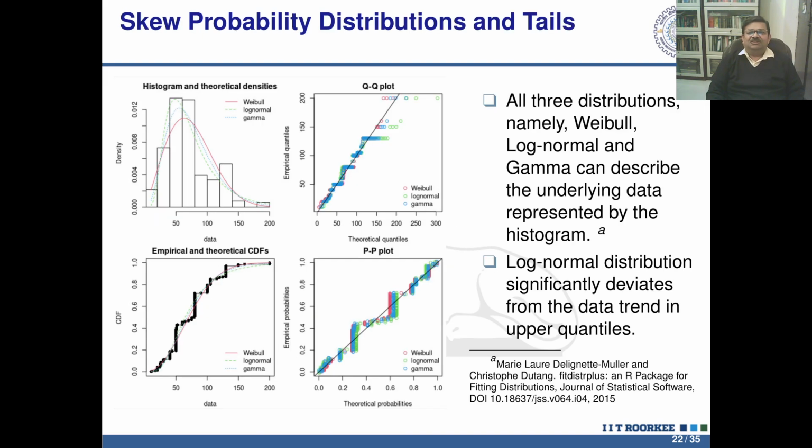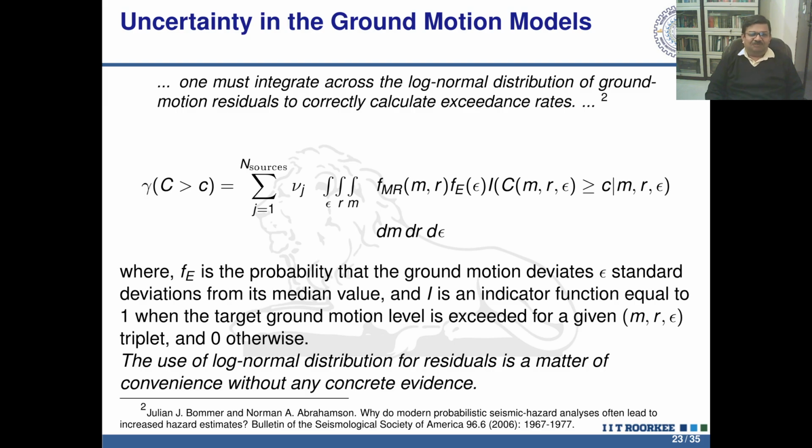Normal distribution is a very stable and convenient distribution. All sorts of probability plots are available. Right? But this log normal distribution for residuals is a matter of convenience without any concrete evidence.